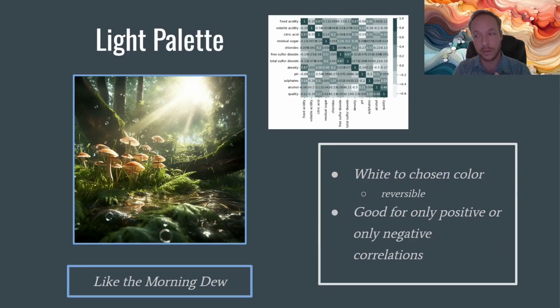The other color generator that I often use is light palette, and this goes from white up to the color that you choose. It's better to use a dark color, and you start with light and go to the color that you've chosen. This is really good at highlighting when there's one magnitude of value, either positives or negatives. You're not really looking to analyze the up and down relationship; you're looking to evaluate one direction of this relationship.